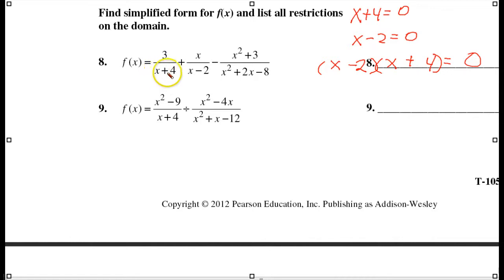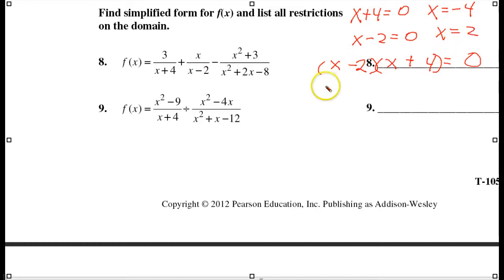So as we look at the first one, we just take this denominator and equal it to 0. So if you solve that, you get x equals a negative 4. And for this one, which is x minus 2 equals 0, we have x equals 2.